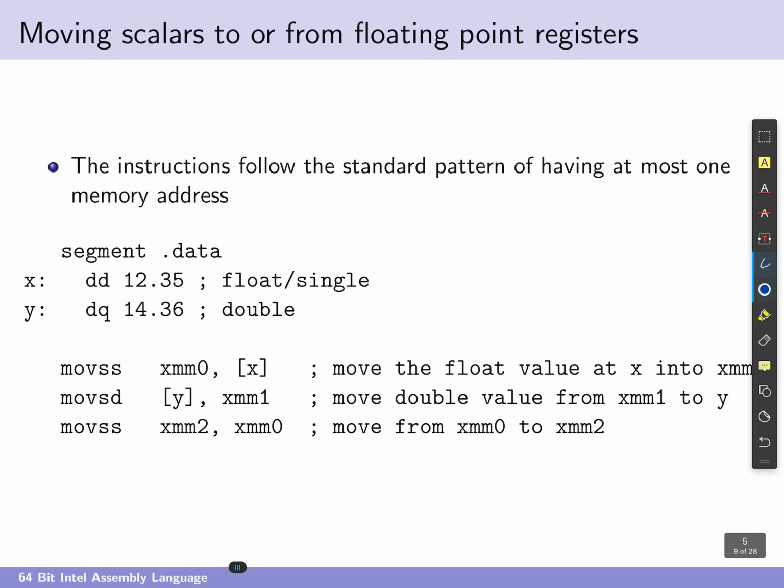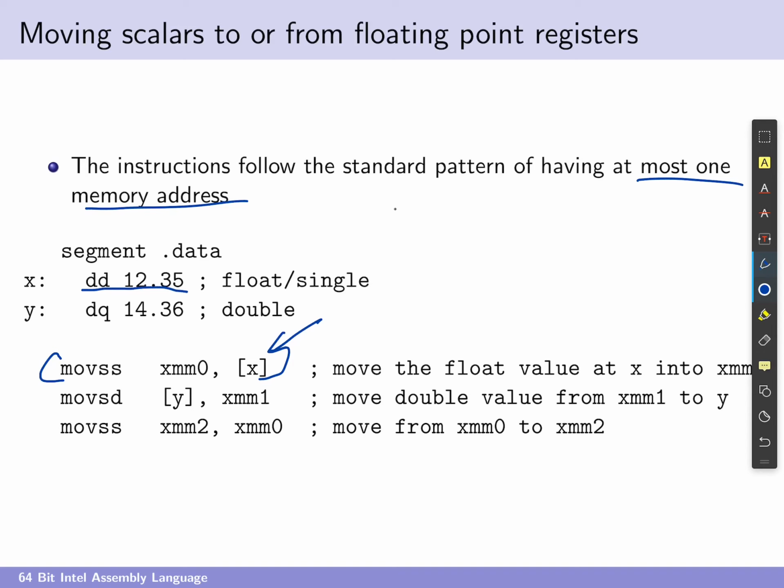So let's look at a couple of moves. The instructions below follow the standard pattern of having at most one memory address. Here we have a couple of examples of moving scalars. In this first one, I'm moving the value at X into my XMM0 register, and you'll see that the value at X is in fact a double word, so it's 32 bits.